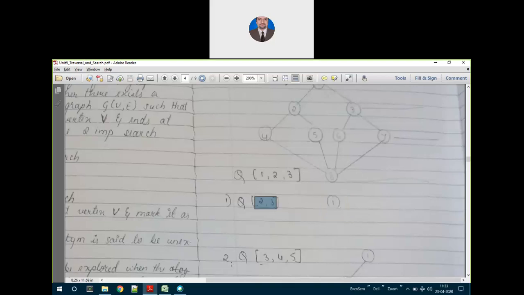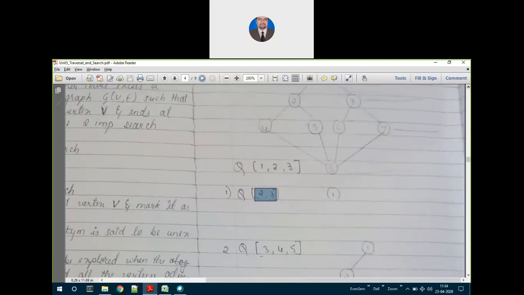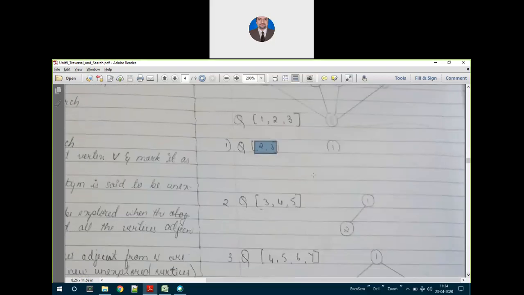Then in the next step, the queue has 3, 4 and 5. I will start from 2 now, and from 2, the connected vertices are 4 and 5. So I will insert 4 and 5 into the queue. Now I come to know that 2 is explored, so I will delete 2 from the queue.